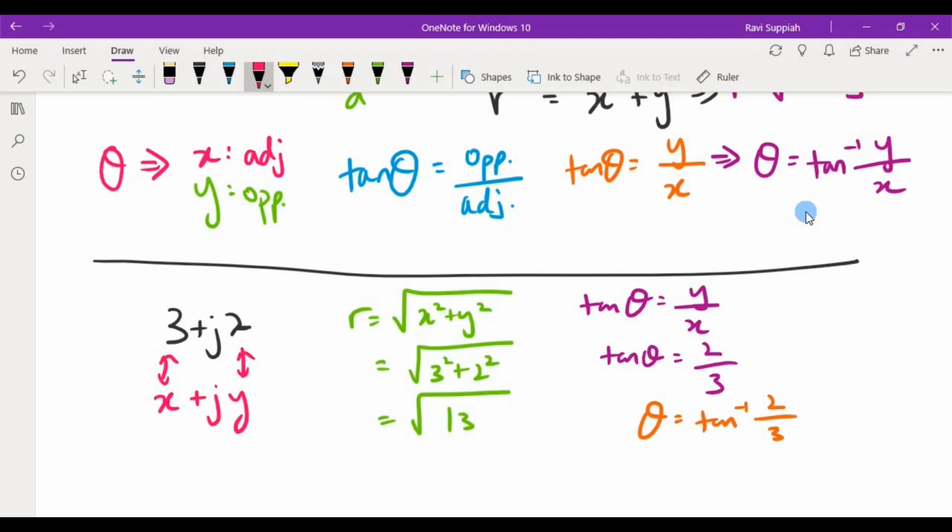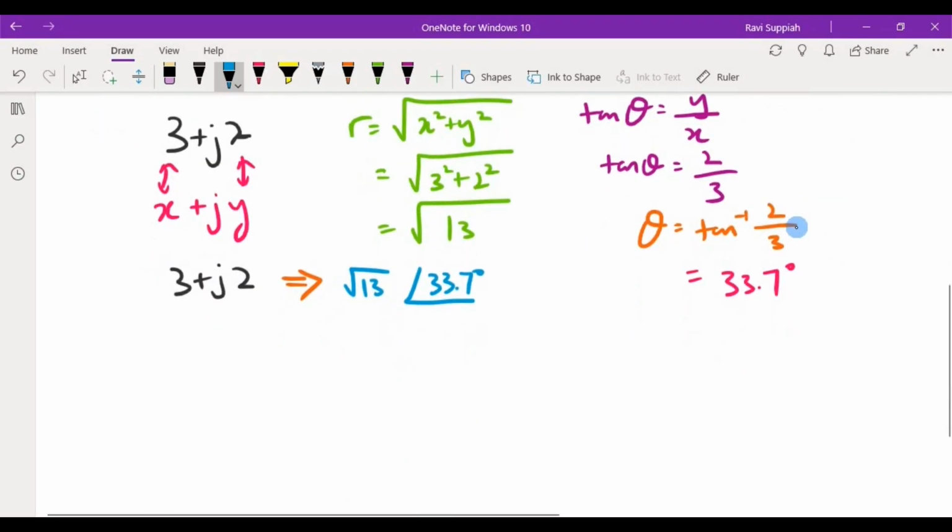So you usually enter shift tangent to get the inverse tangent function. If you do that, you will get the answer as 33.7 degrees. That means 3 plus j2 in rectangular form can be expressed as square root 13 angle 33.7 degrees in polar form. So that is the conversion.